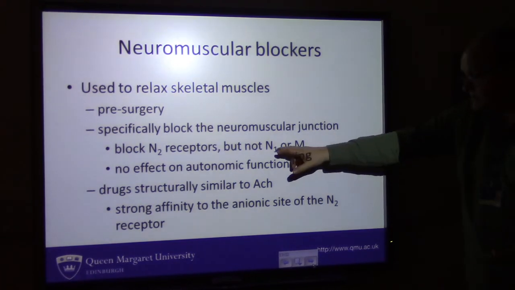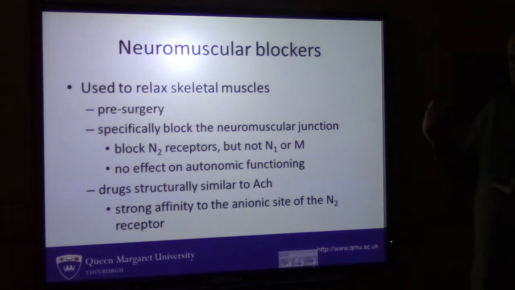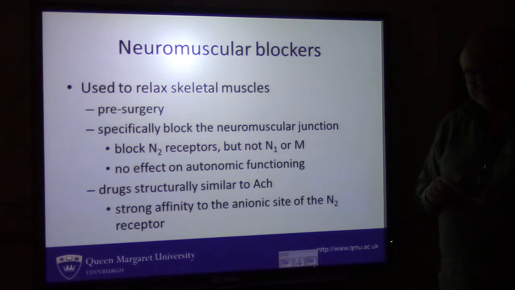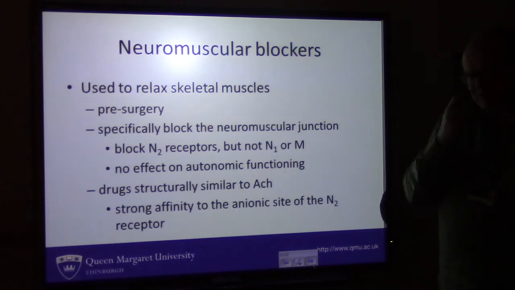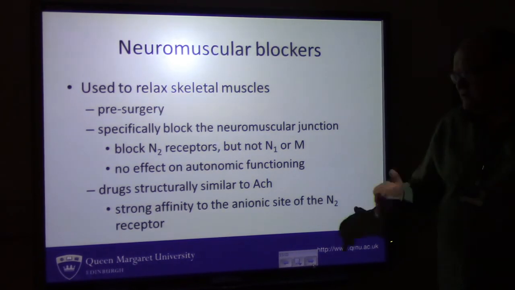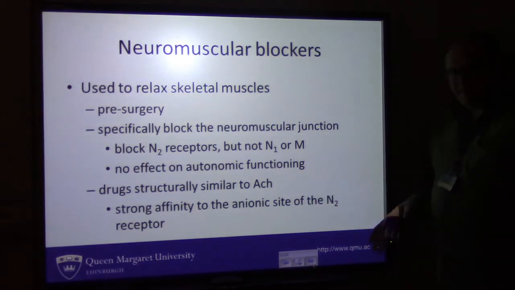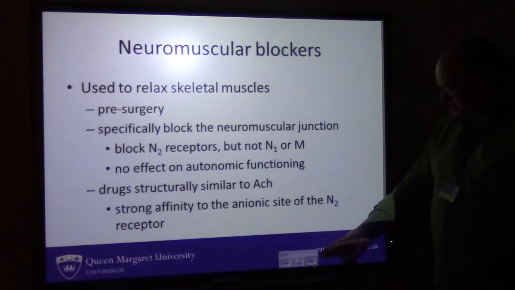The drugs are, in structural terms, very similar to acetylcholine, which gives them a very strong affinity for the receptor. But because they're blockers, thinking way back to the earlier lectures, an antagonist has a high level of affinity and a low level or no activity. So these things are likely to bind but not do anything. All they do is prevent the acetylcholine gaining access to the receptor.